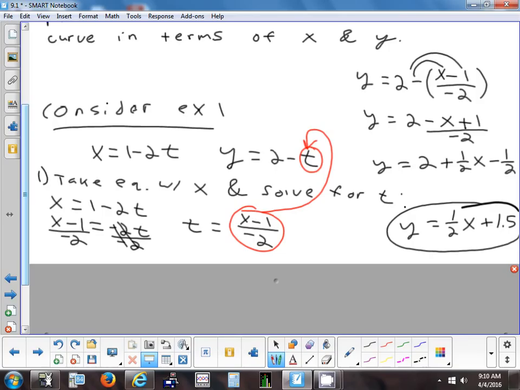We could try it after and see if it works. If you do it this way, you automatically get y by itself, and that's how you always want it. I have a feeling it would work, but the problem is you wouldn't have y by itself. You'd have to rearrange it. So doing it the way I showed you, y is always by itself.